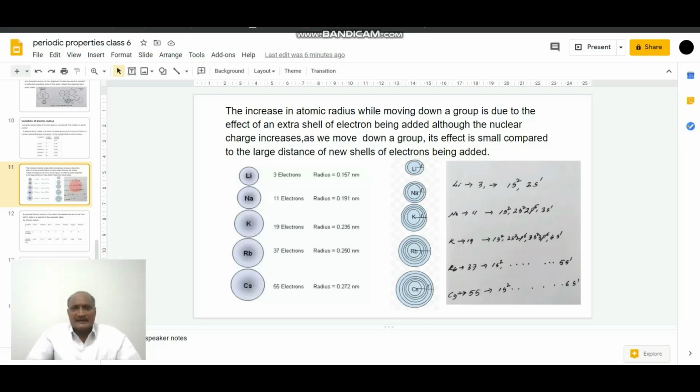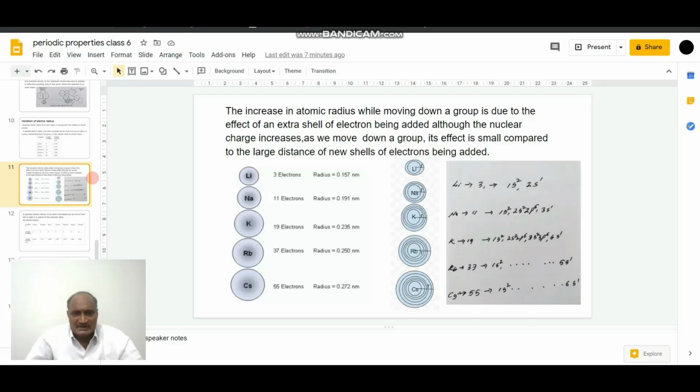So, the increase in the atomic radius while moving down a group is due to the effect of an extra shell of electrons being added. As we move from top to bottom in a group, in every step, that is from one atom to another atom, there is an addition of an extra shell of electrons.